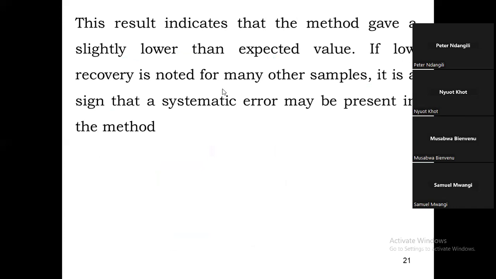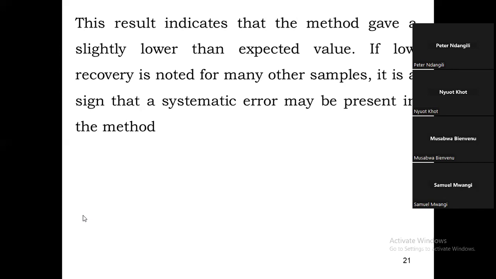If low recovery is noted for many other samples, then it is a sign that a systematic error may be present in the method. Remember, I told you that any method that you come up with must be accompanied with an error in the measurement.